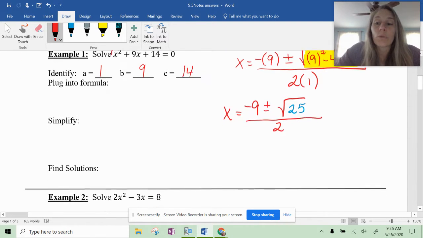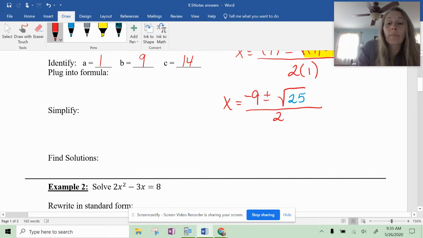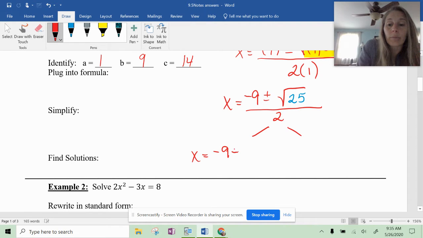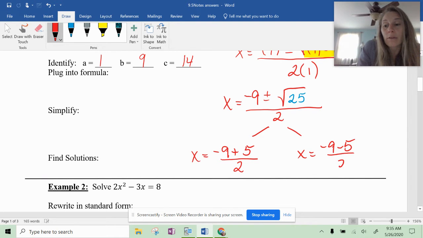So now that we have a 25, I'm going to set this up, but I have to do it 2 ways. So I'm going to have x equals -9 plus 5 over 2. And then I have -9 minus 5 over 2. So we know the square root of 25 is 5, but it could be positive or negative, right? So now you just want to solve each of these.